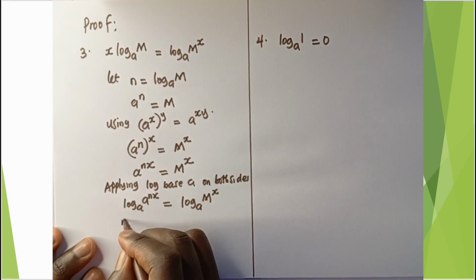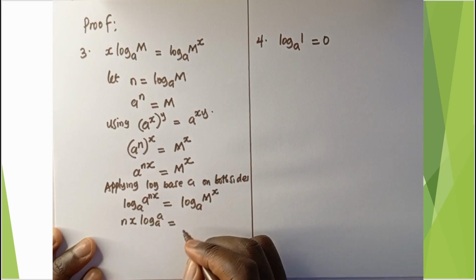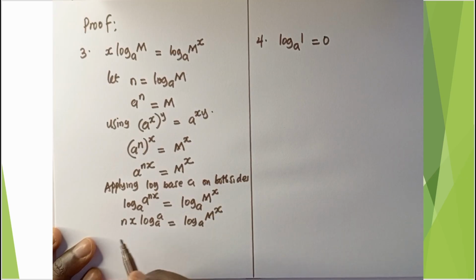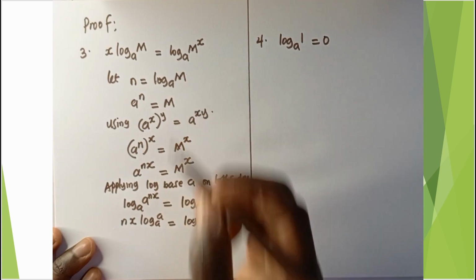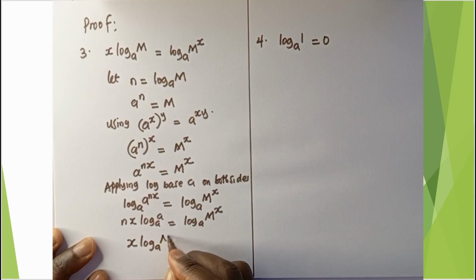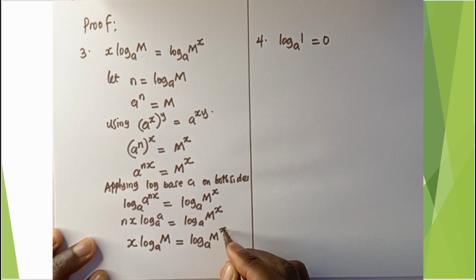So the power drops, and I'll have nx log base a of a is equal to log base a of m to the power x. Now, this one we know is 1, and also n is known as log base a of m. Therefore, our x times log base a of m is actually log base a of m to the power x, hence proved.